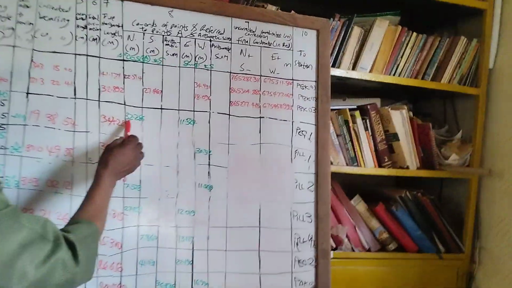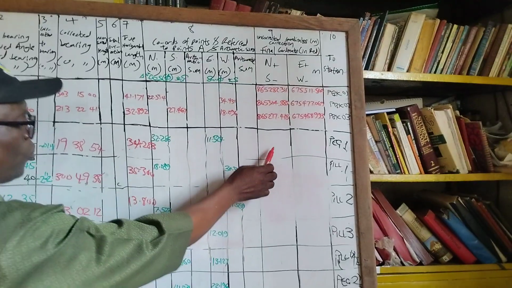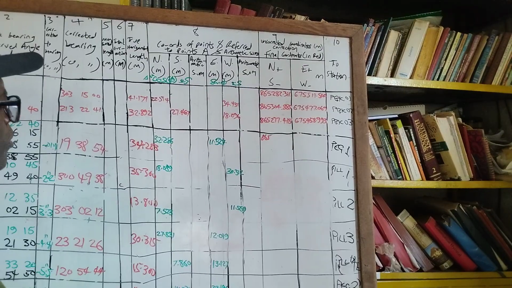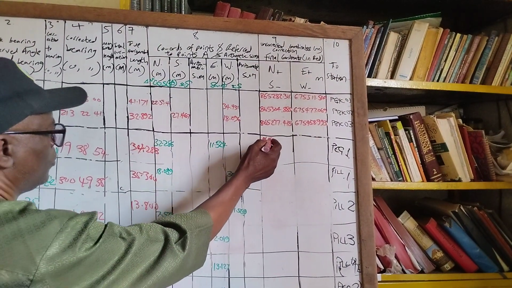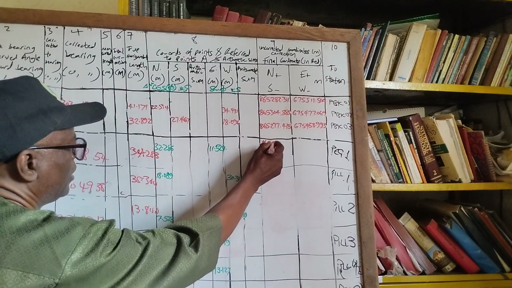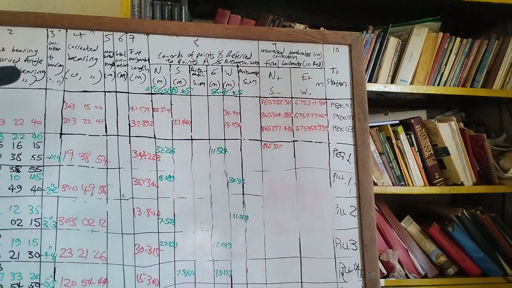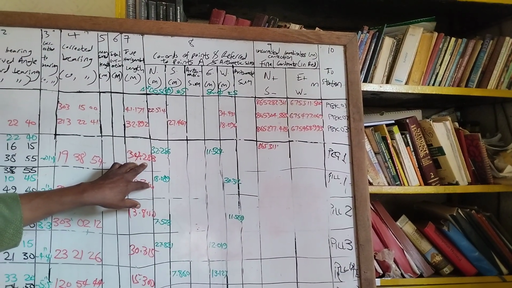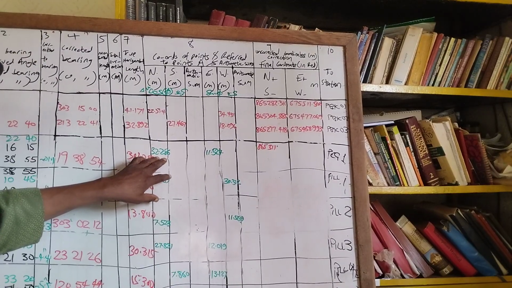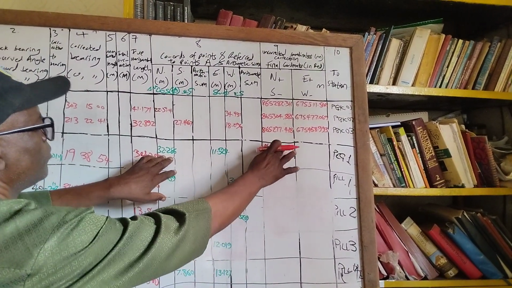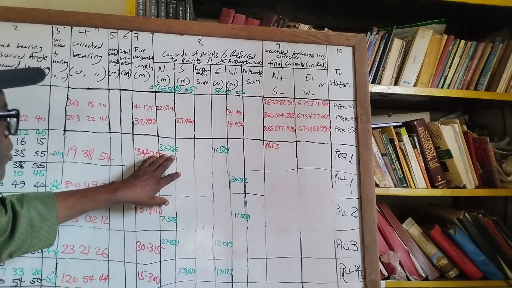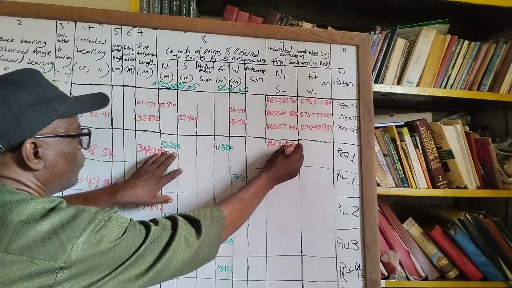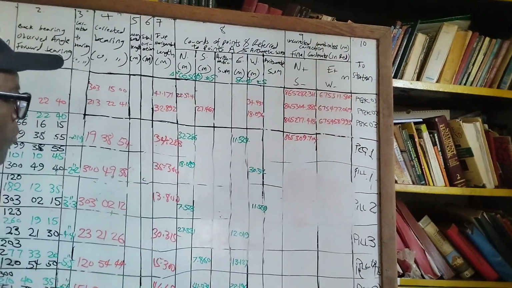Add 32.286 to it. It gives you 865309.704.